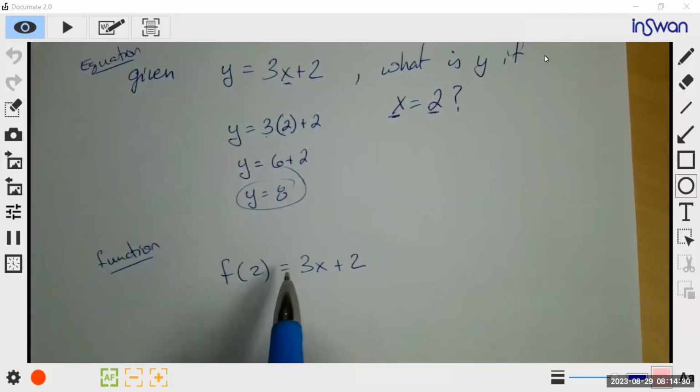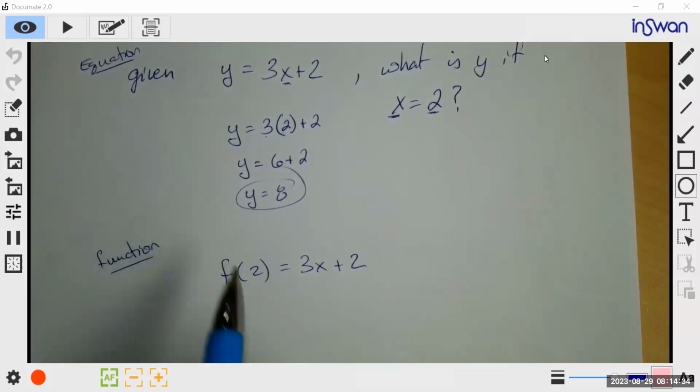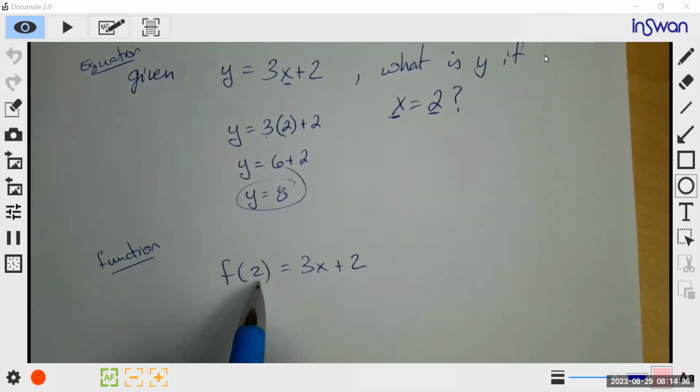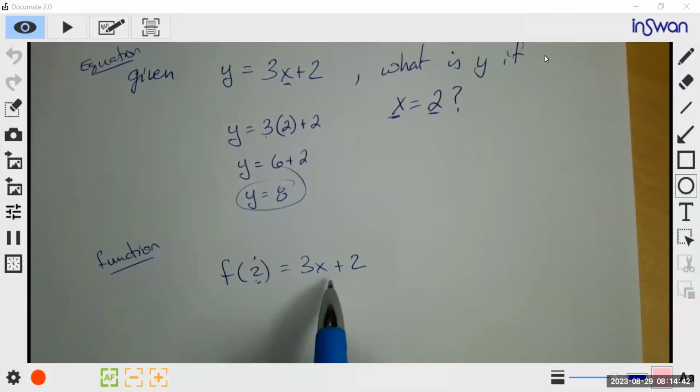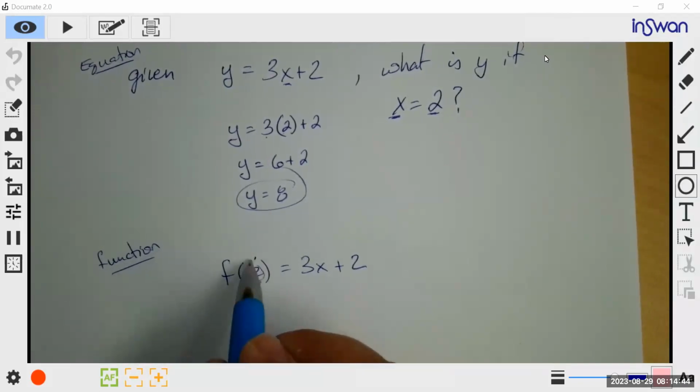You know it's an equation. There's an equal sign, so you know you're supposed to solve it. We know what the variable is. It's going to be equal to 2. So anywhere we see a variable in the equation, we put what in its place? You put a 2 in its place.